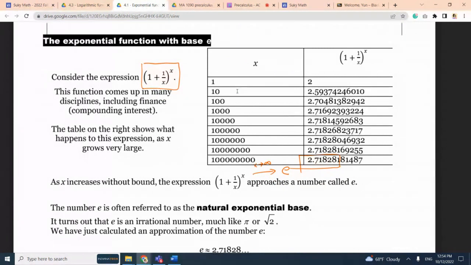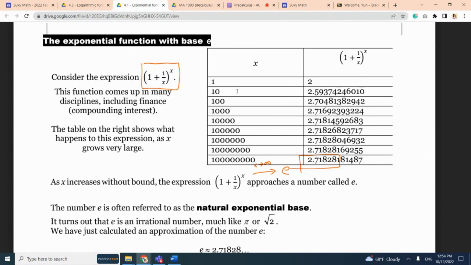And the table on the right-hand side shows what happens to this expression as x gets bigger and bigger. So this is a function of x, right? And you can see when we plug in x as 1, you get 1 plus 1 over 1 is 2, right? So 1 plus 1 is 2, raised to the power of 1. Therefore, we get 2.